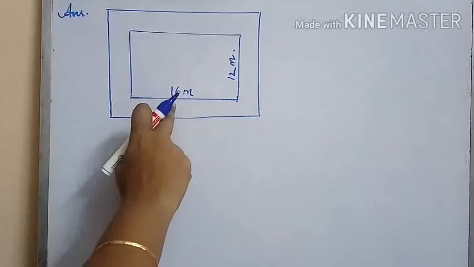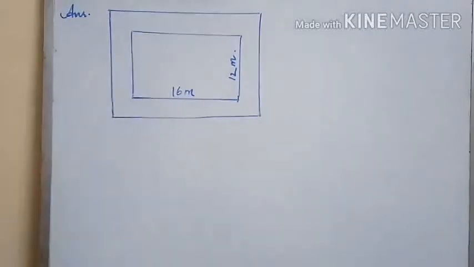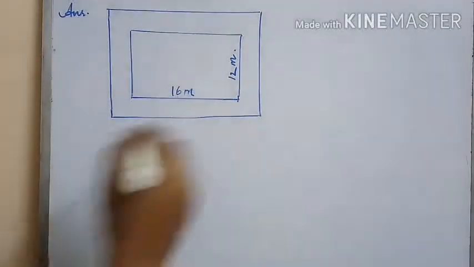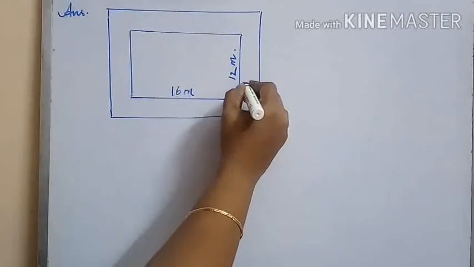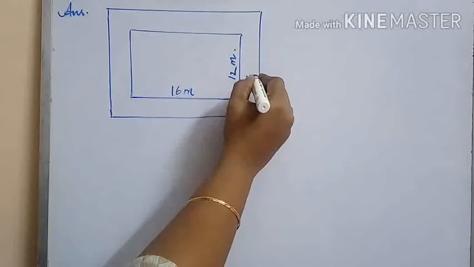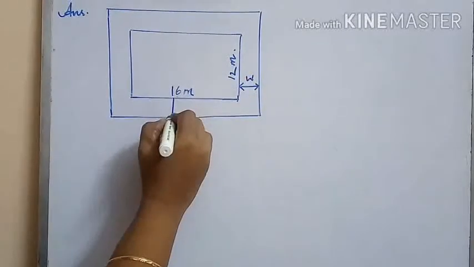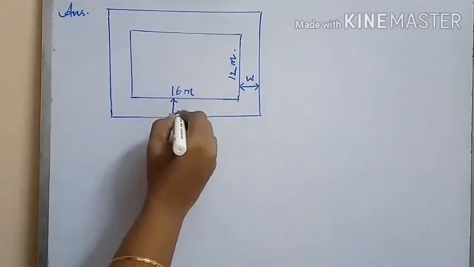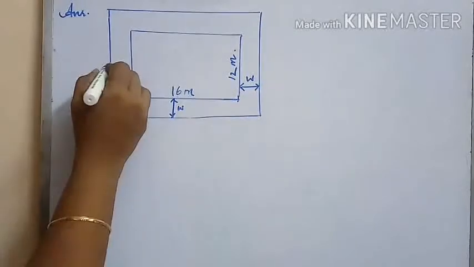Here, this is the garden measuring 12 meter by 16 meter, and this is the pedestrian pathway that is W meter wide, all the way around.